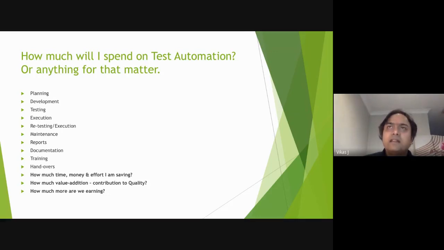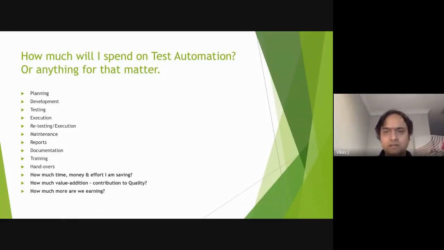And how much are we earning as a business? Everybody tends to talk about that, right? Like how much are we earning on top of this? So every other solution that we are probably seeing, be it cloud, be it AI, machine learning, even test automation, everything is driven in this direction. So any new technology that is coming up also has to answer these questions.